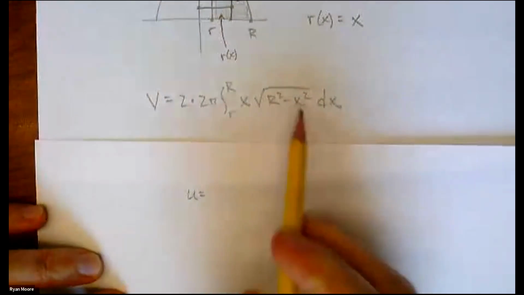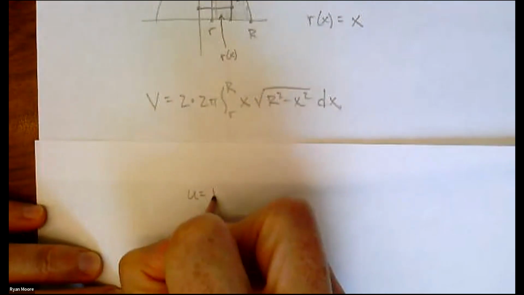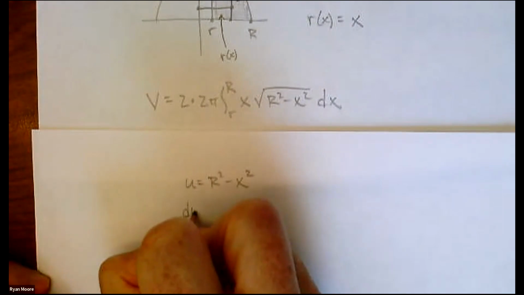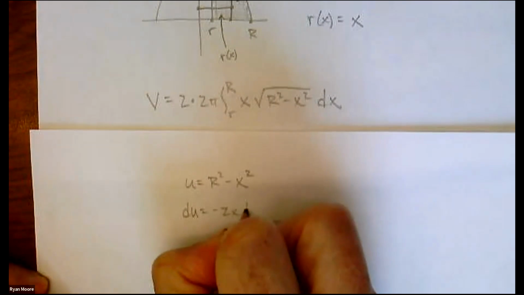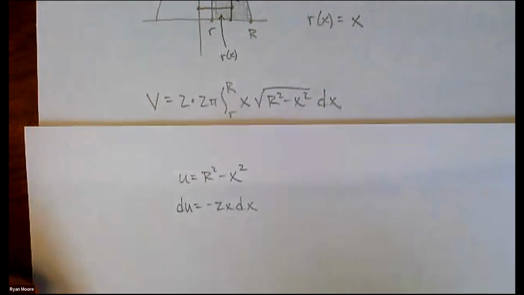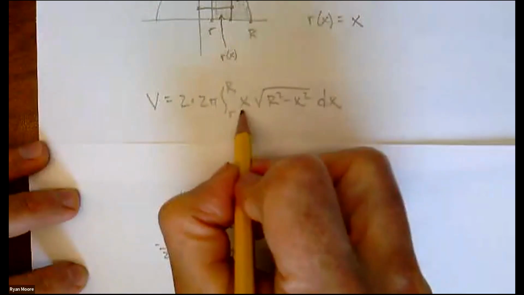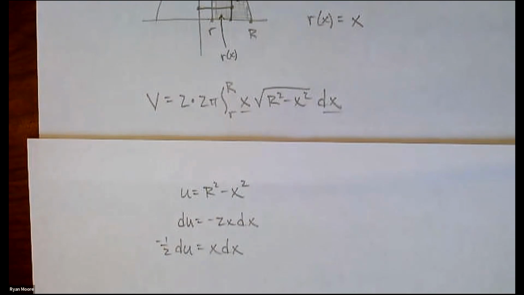We're going to take u to be what's inside the square root, capital R squared minus x squared, because then du would equal negative 2x dx, right? R is a constant. We can move the negative 1/2 over, and then the x dx is taken care of.